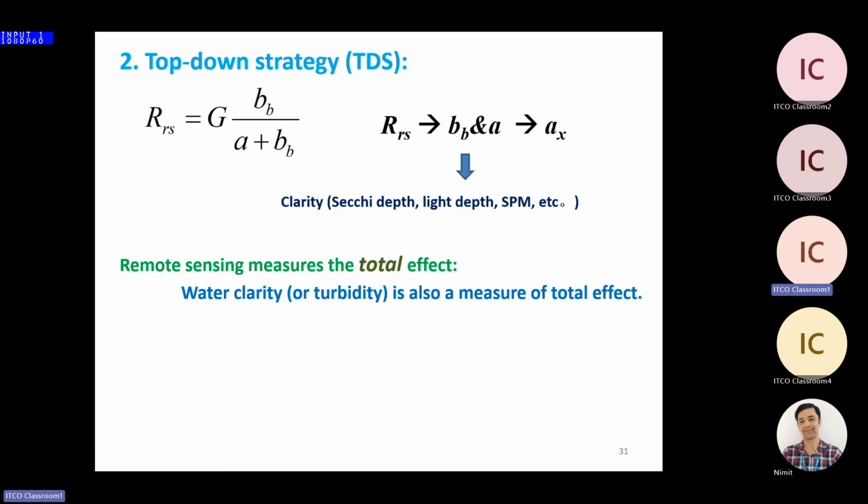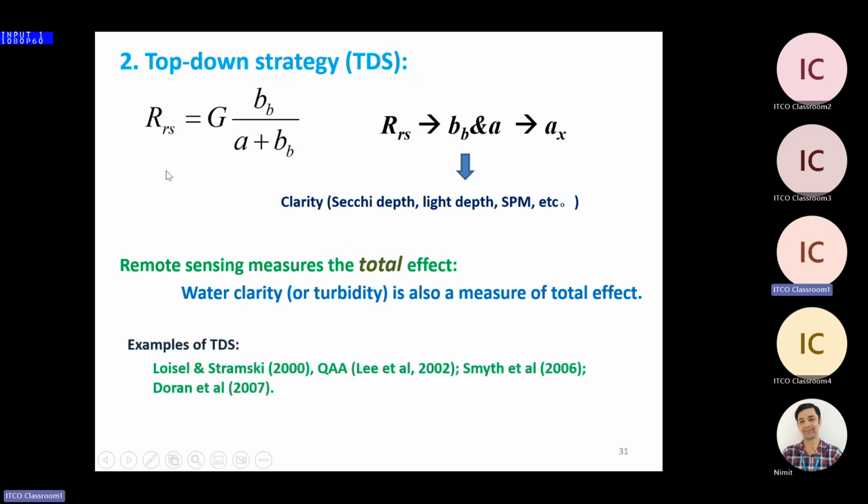We see water is turbid or its transmittance is maybe 20, 30 meters. It doesn't matter to us whether it's due to phytoplankton or due to CDOM. It's just the total effect. So that's why we can use the BB and A to simply get the water clarity or those parameters. For examples of these, I listed the references at the end.